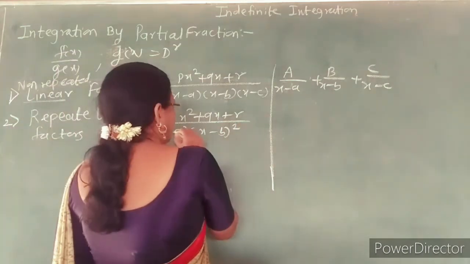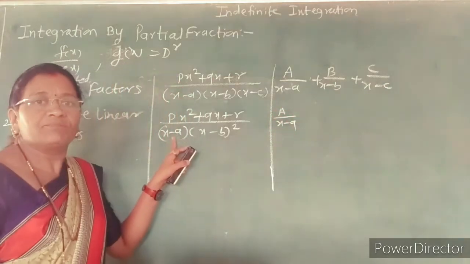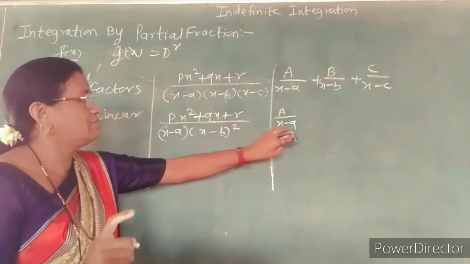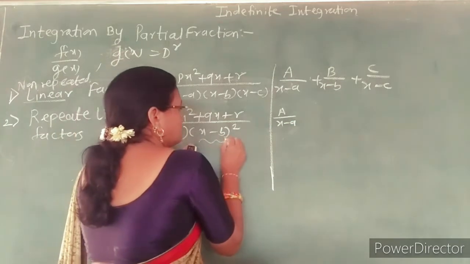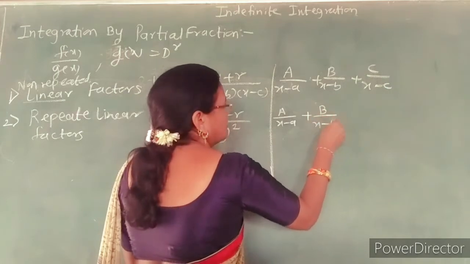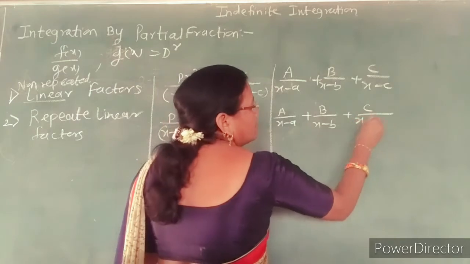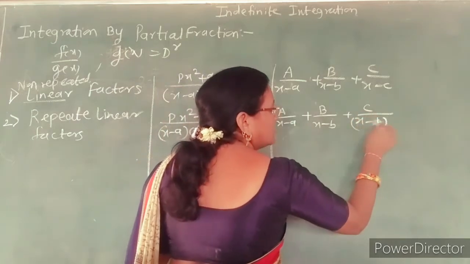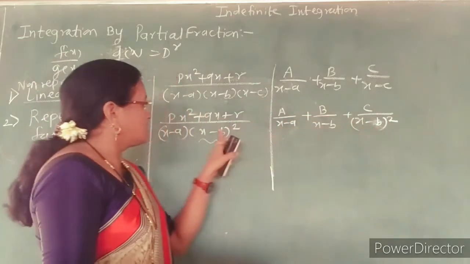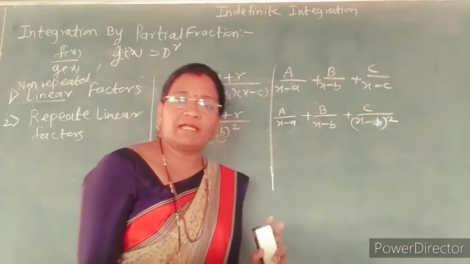For this case we can separate the expression as follows: x minus a is a linear factor with degree 1, so we take it only once. But x minus b is repeated 2 times, so we take b upon x minus b, and the next term with x minus b squared. Suppose it is repeated 3 times, then we take one more constant d upon (x minus b) cube.